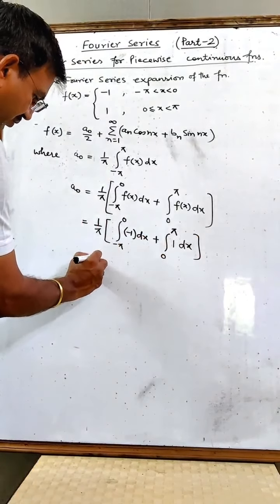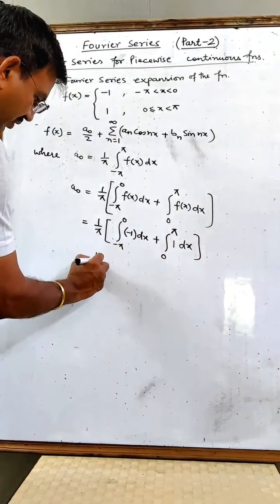and it would be equal to 1 over pi. Now the integral of minus 1 would be minus x with the limit minus pi to 0, plus again the integral would be x with the limit 0 to pi, and this would be equal to 1 by pi.